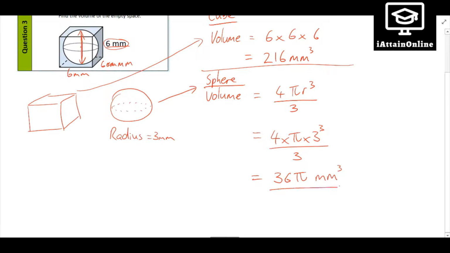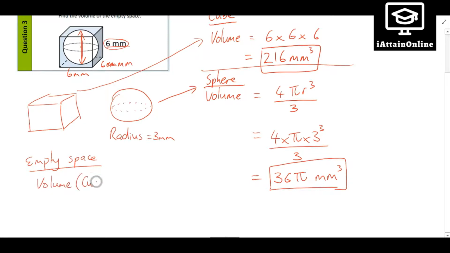So now that I have the volume of the sphere and I've got the volume of the cube here, the empty space is simply going to be the volume of the cube subtract the volume of the sphere.